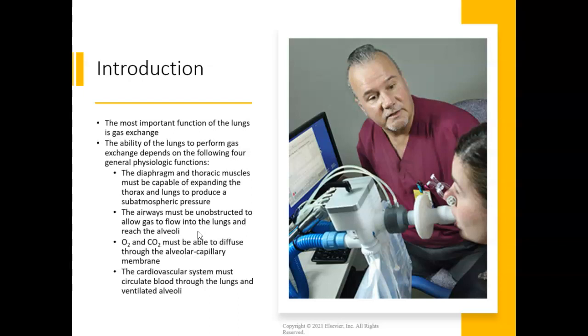But then if I made it a challenge and threw tables and chairs and a bunch of obstacles in the way, that would slow you all down and make it much more difficult to get to your destination. That is what happens in obstructive lung disease: those air passages get narrowed or filled with secretions. They become inflamed, or you have bronchial muscle constriction that's narrowing those airways, and that obstructs the flow of gas.